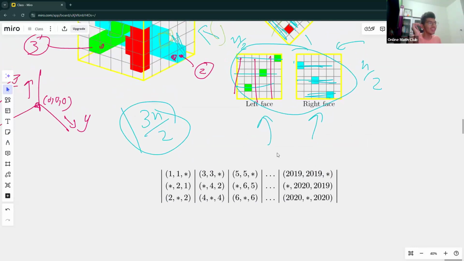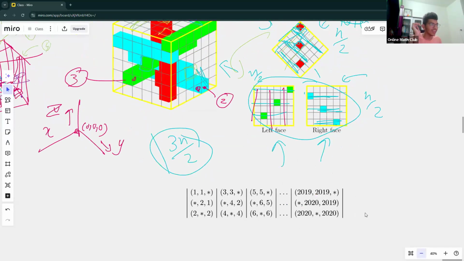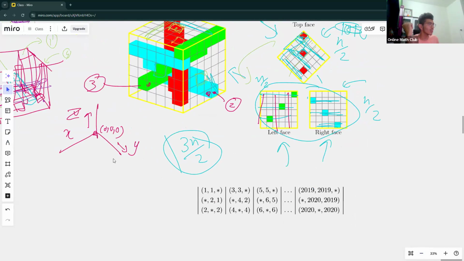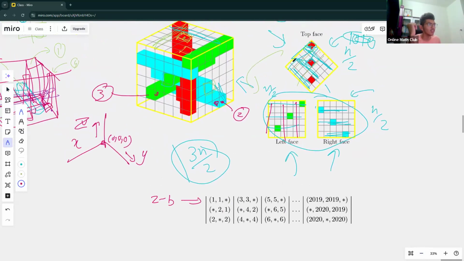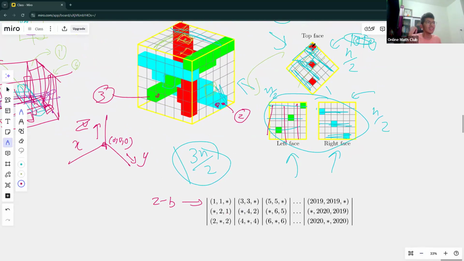Okay, so this is the construction I saw on AoPS. What they are telling is, if you see it from the up direction, we have this. He denotes this by (1, 1). He's considering it a little differently, shifted up by one.